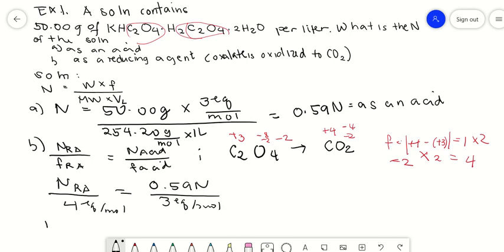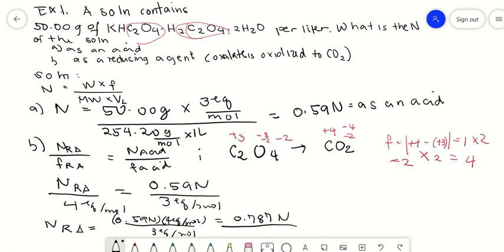So the normality now as a reducing agent would be equal to 0.59 normal times 4 equivalents per mole divided by 3 equivalents per mole. And you will get here a value of 0.787 normal. So that is how you're going to determine the normality as a reducing agent.